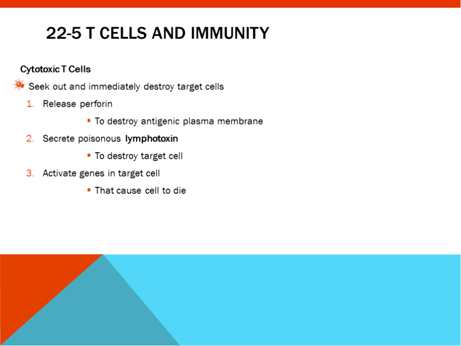So speaking of cytotoxic T cells, their job is to actively seek out and immediately destroy cells that have an antigen on their class 1 MHC marker. There are 3 ways that they can do that.